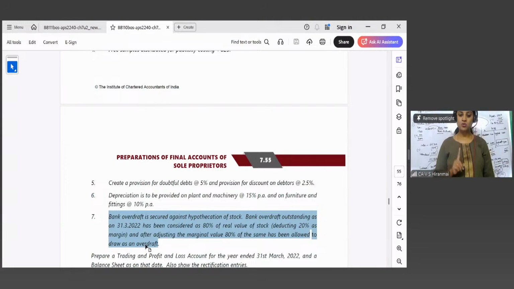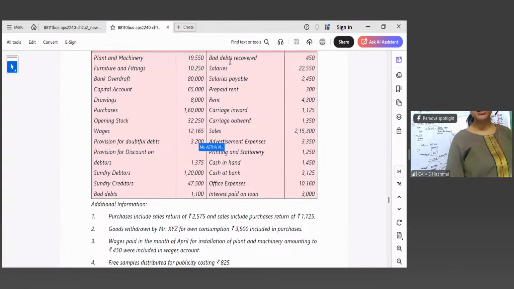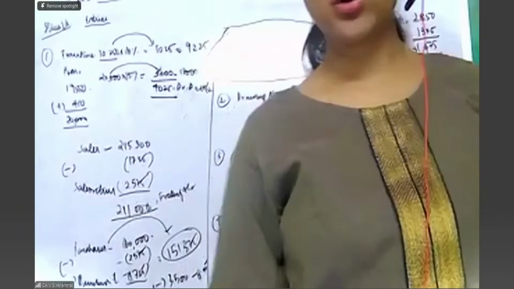Bank overdraft outstanding as on 31/2022 is considered as 80% of the real value of the stock. That is, 20% is deducted as margin. After adjusting the marginal value, there are two values that we are talking about: real value and marginal value. Now, what is the value of the overdraft? 80,000 is the value of the overdraft.